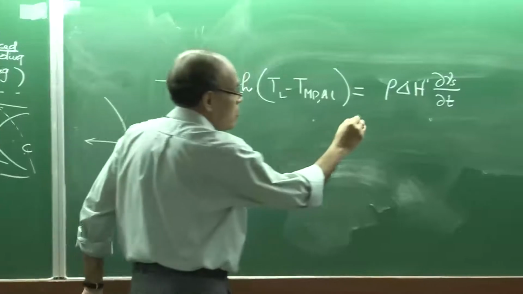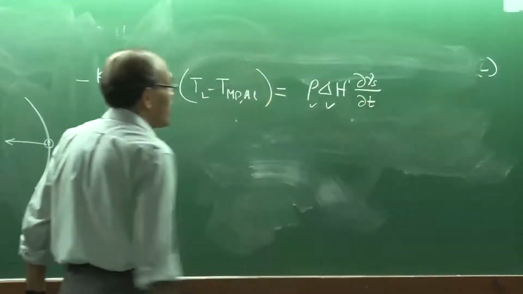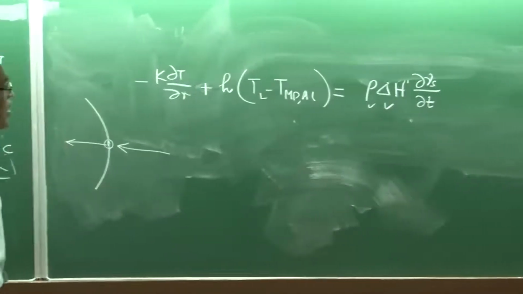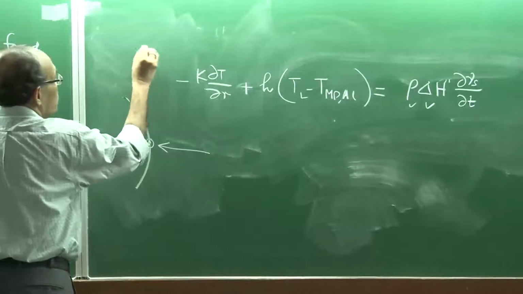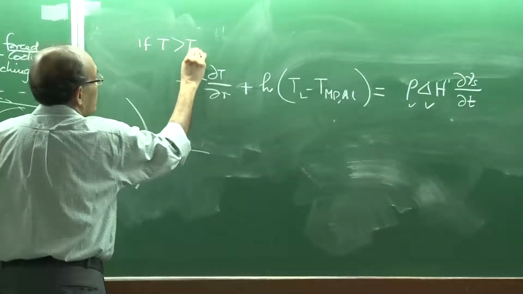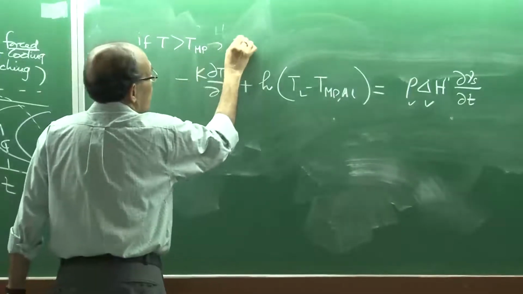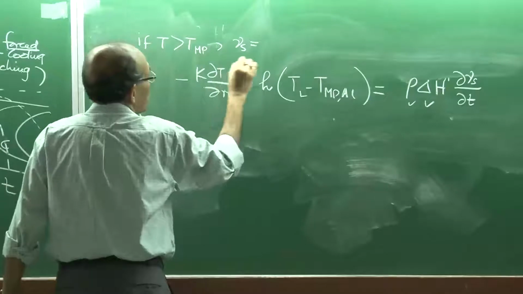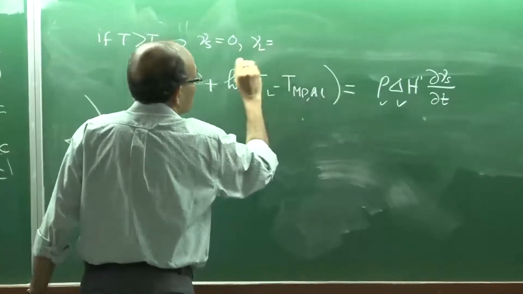Now I have two equations; these are all known. This is known, this is known. These solid fractions can be calculated once we know the temperature: if T is greater than Tmp, then gamma s is equal to 0 and gamma L is equal to 1.